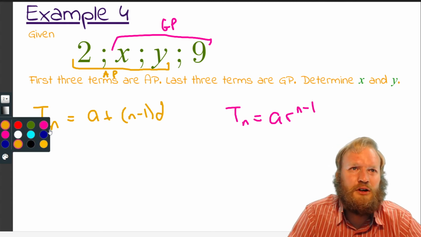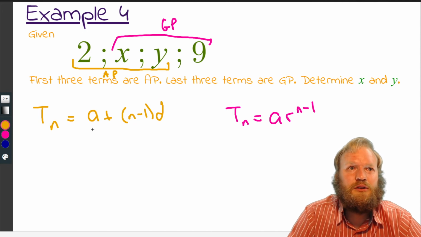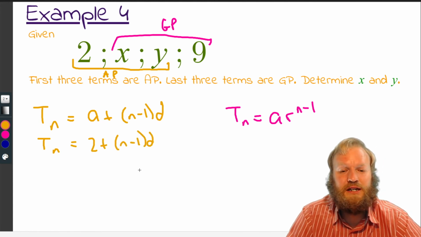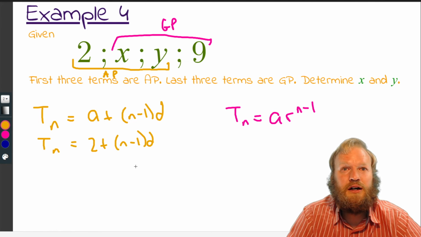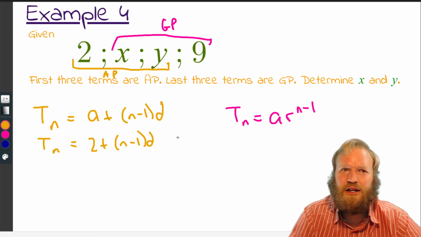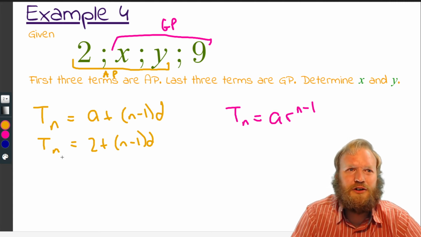Cool. Let's fill in the bits we know. Well, we know that a is 2. So already we know that Tn equals 2 plus n minus 1 d. And even in this one, a is x, so maybe not that helpful. Let's stick with our arithmetic for now.